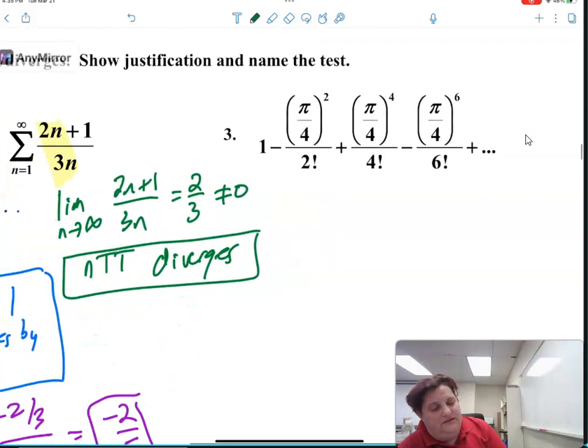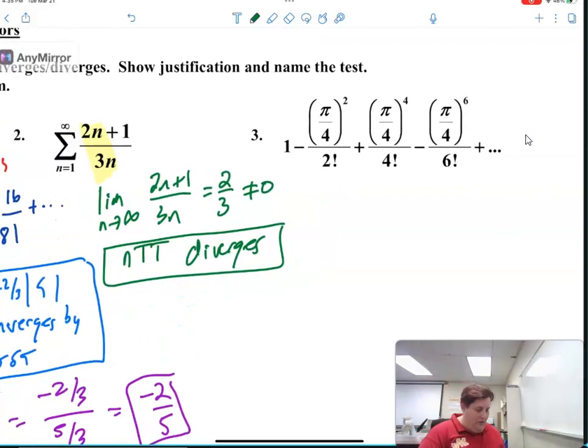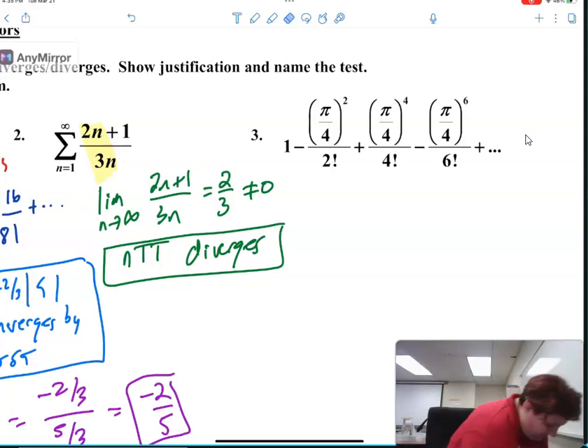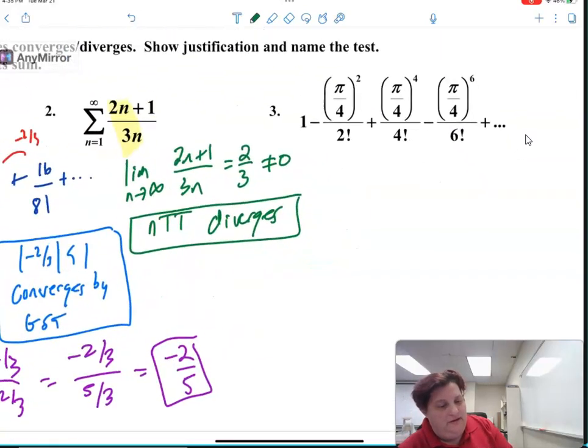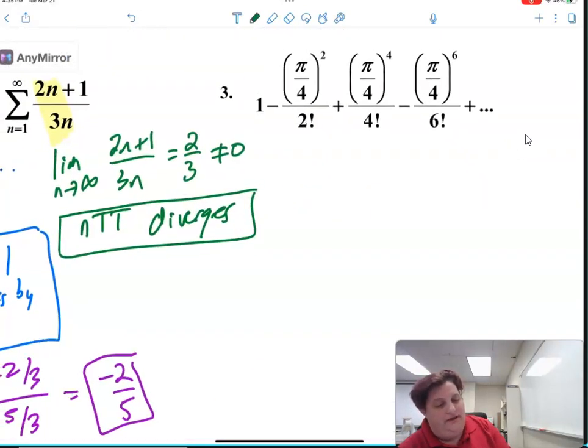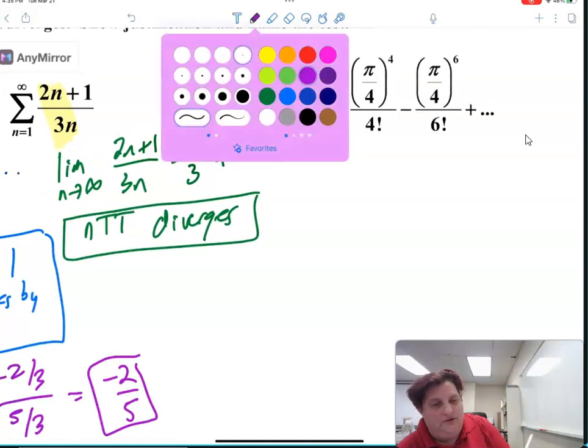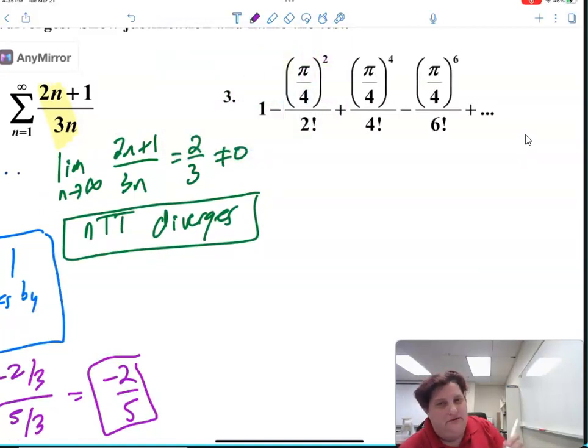Now, this is not an nth term question because it is going to 0. My terms are getting smaller and smaller every time, okay? And it's not geometric, but notice it's alternating, right? So here's how we do the alternating series test. There are 3 things. 1, it has to be alternating.